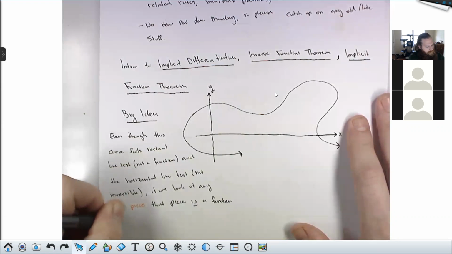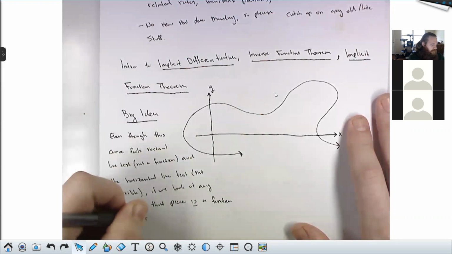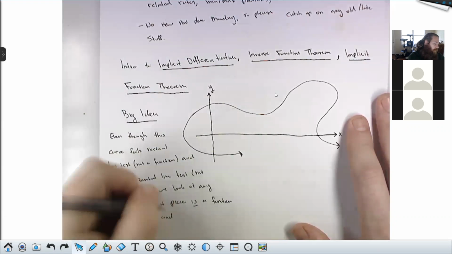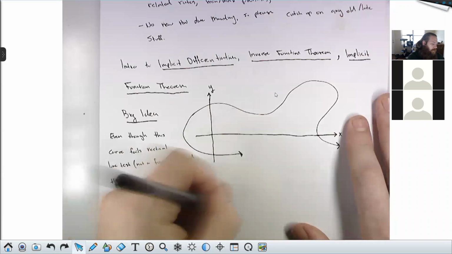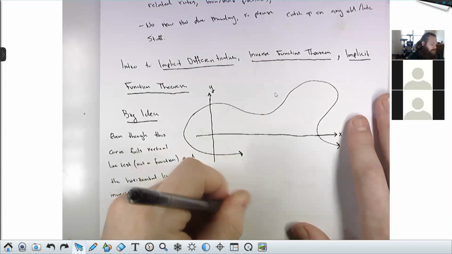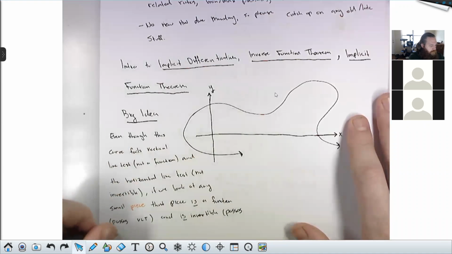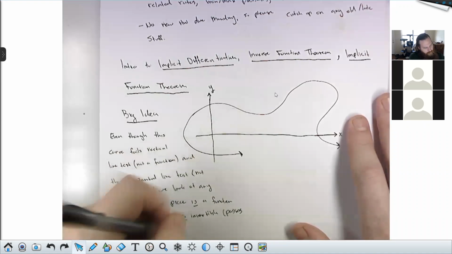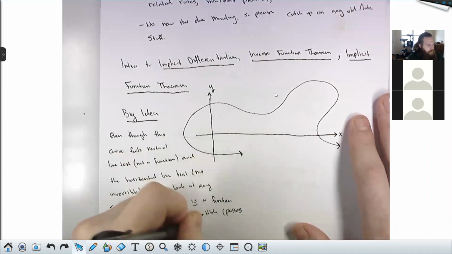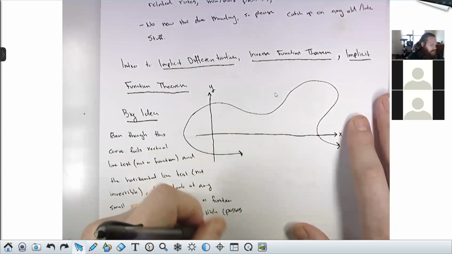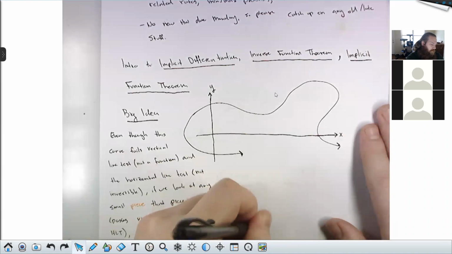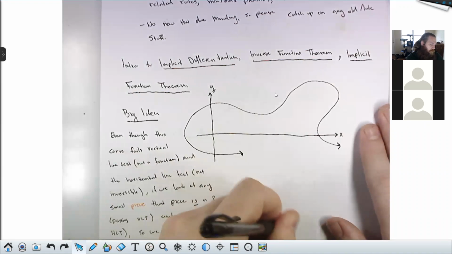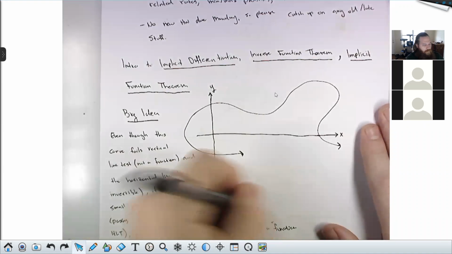It passes the vertical line test and is invertible, passes the horizontal line test. So we can still, the word is, locally act like it's a function. It's a one-to-one function even.